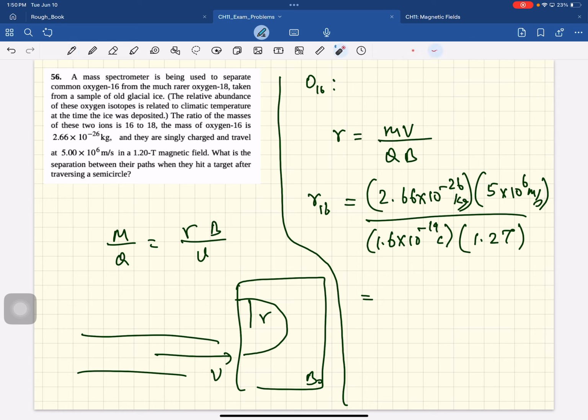Let's take the powers of 10. That's 10 to the minus 20, 10 to the minus 1.